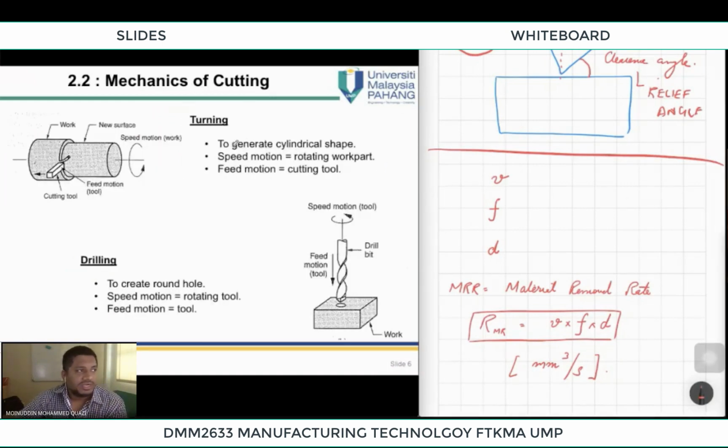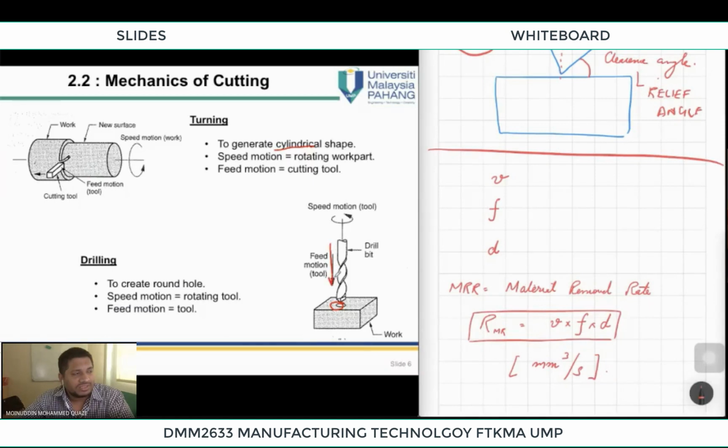Now in turning, we use cylindrical shape. That's very easy. Speed motion is the rotary workpiece. Feed motion is the cutting tool. In drilling, we create a round hole, right? Now in drilling, the feed motion is the tool moving in this direction.